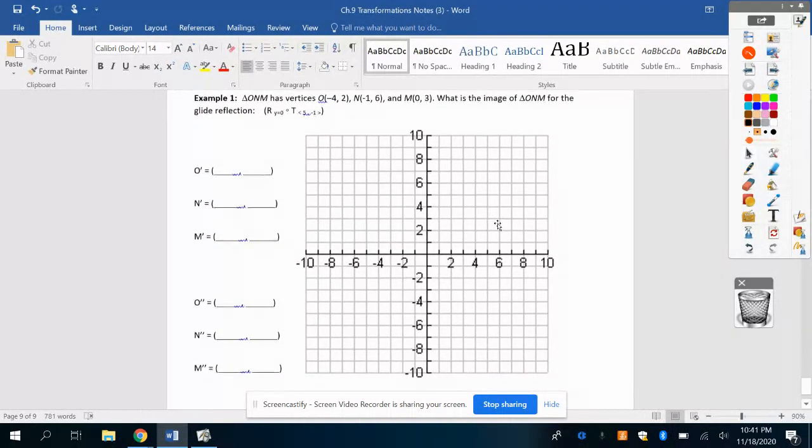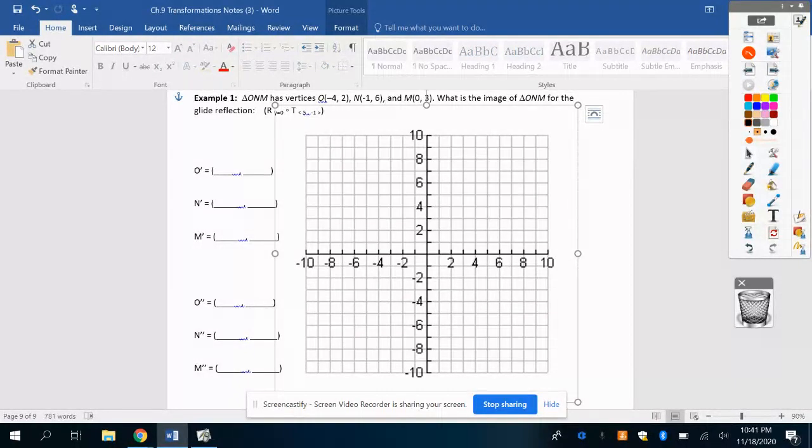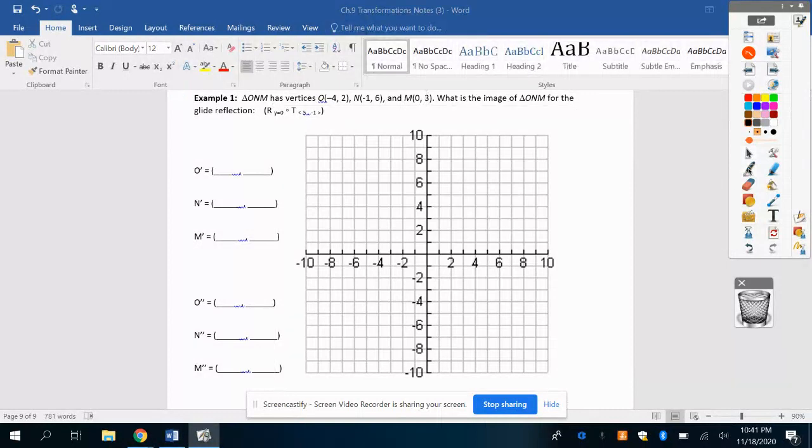Of triangle ONM, and it has vertices O at (-4, 2). So (-4, 2) is right there. And then N is at (-1, 6).